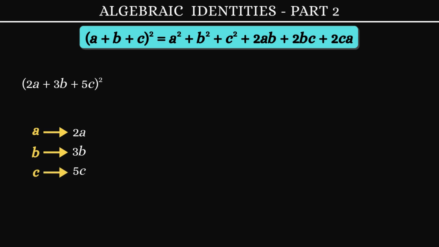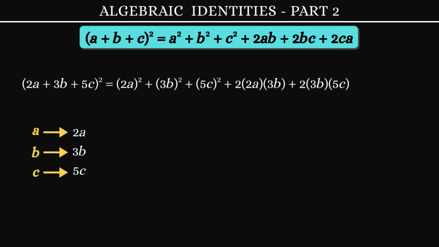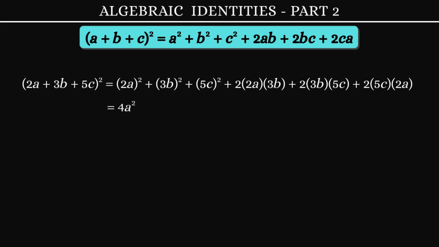What we have is 2a the whole squared plus 3b the whole squared plus 5c the whole squared plus 2 into 2a into 3b plus 2 into 3b into 5c plus 2 into 5c into 2a, and that becomes 4a squared plus 9b squared plus 25c squared plus 12ab plus 30bc plus 20ac.